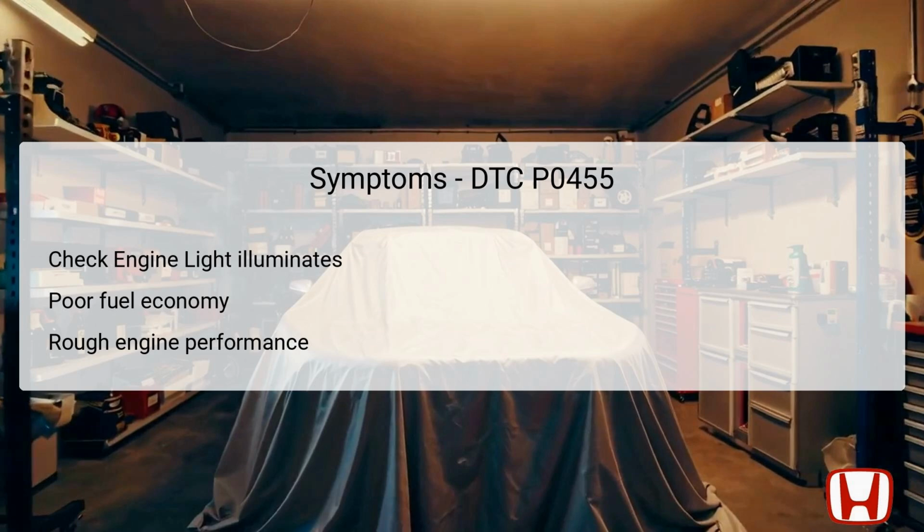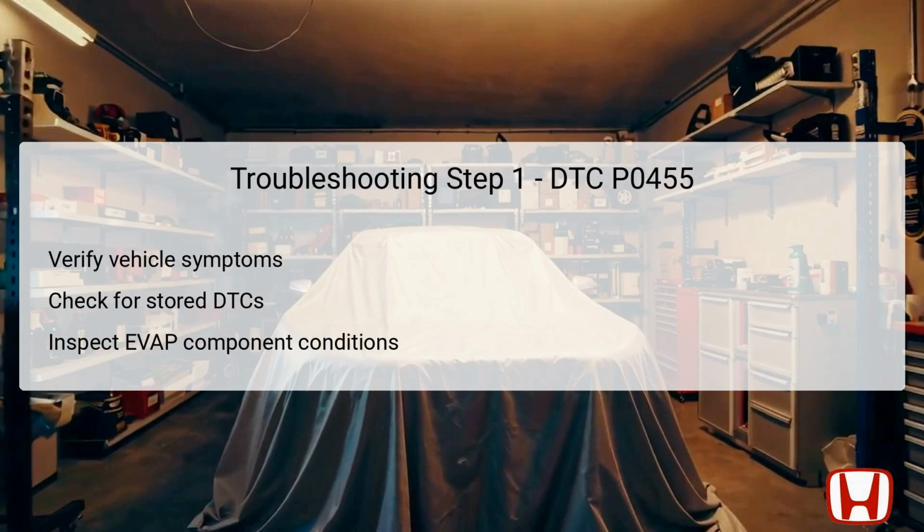The first troubleshooting step for the P0455 code involves verifying the vehicle's symptoms and checking for any stored diagnostic trouble codes, DTCs, that might give additional insight into the issue. Begin by confirming that the check engine light is indeed on and that the driver has reported any related symptoms, such as poor fuel economy.